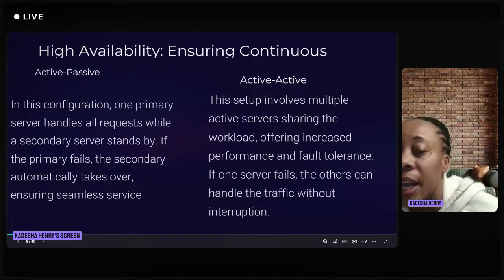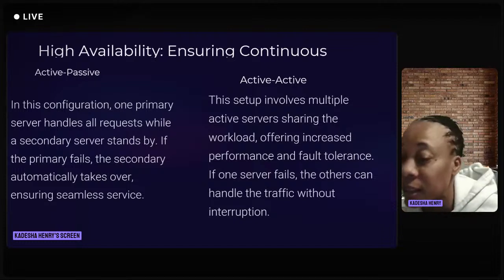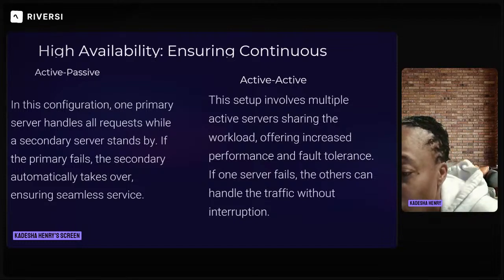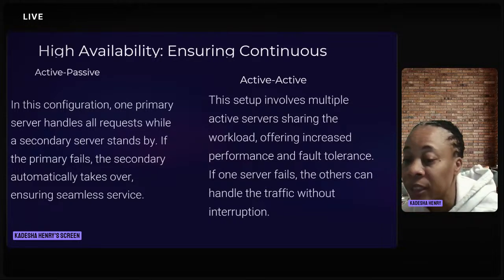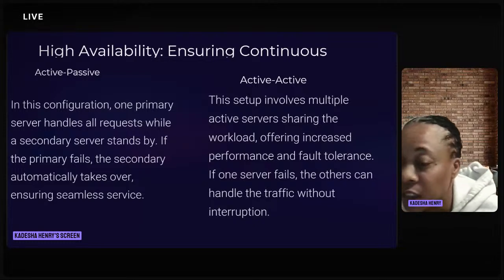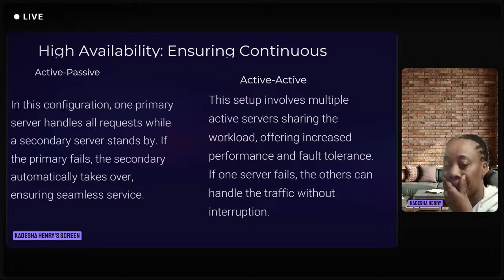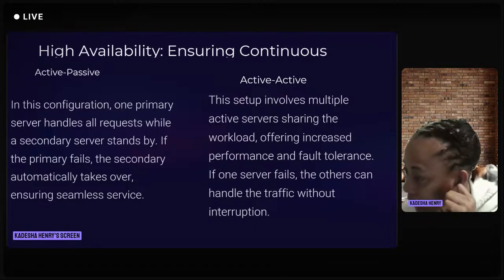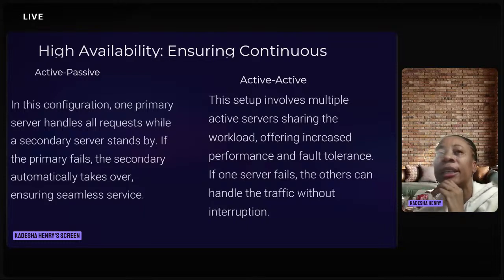And when we talk about active-active, this system involves multiple active servers sharing the workload and offering increased performance and fault tolerance. If one server fails, the other can handle the traffic without interruption. And it is the same thing with a network of computers with a load balancer.